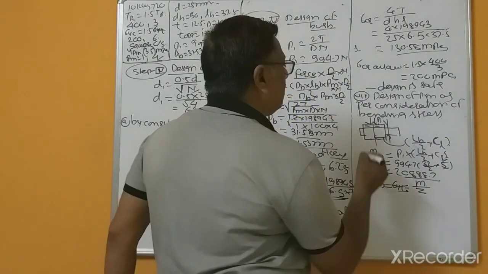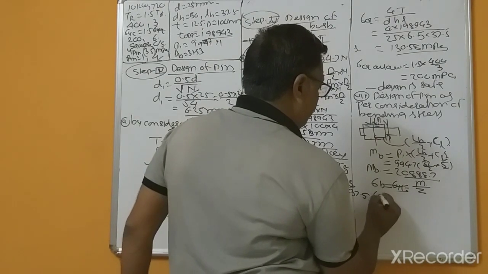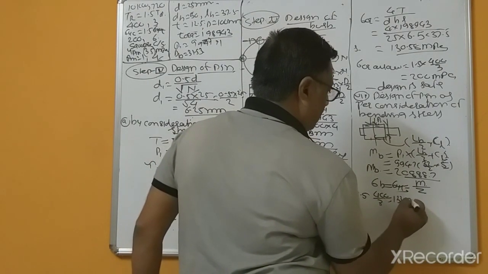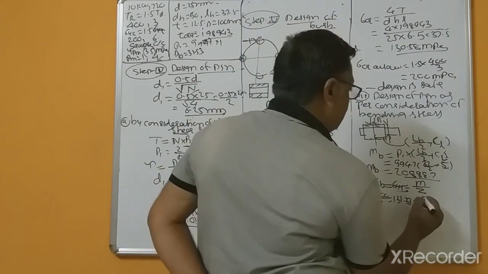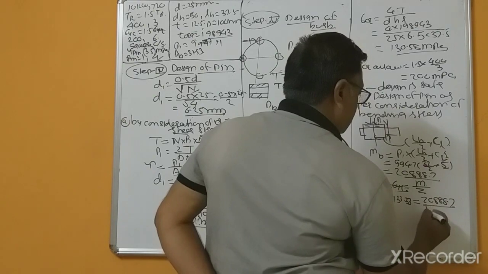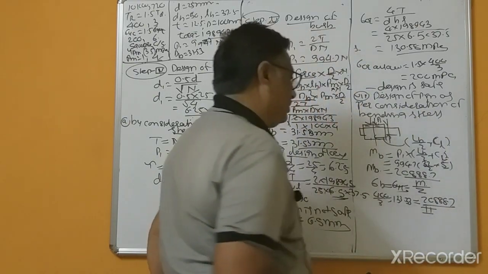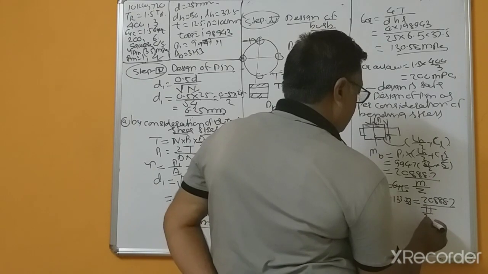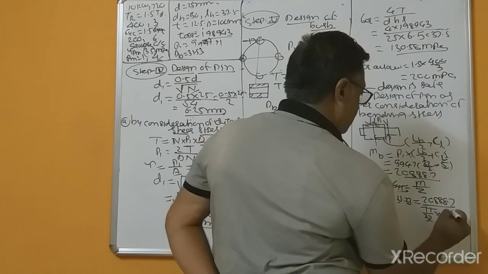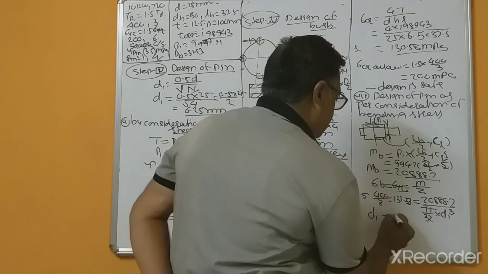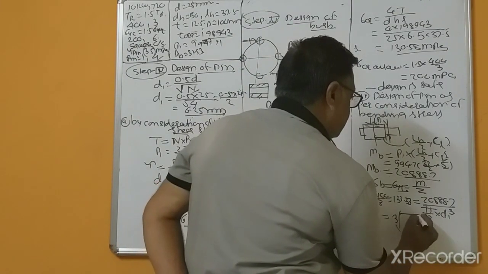Now bending stress, you can consider this is sigma_t equal to M by Z. And this is now 400 divided by 3, 133.33, and this is M, and this Z is pi by 32 D1 cube, where D1 is the diameter.